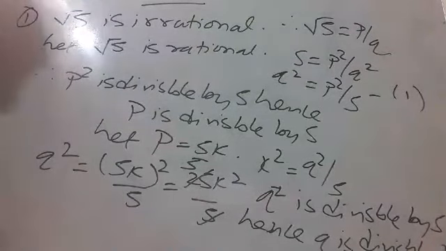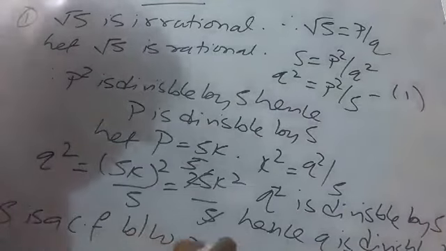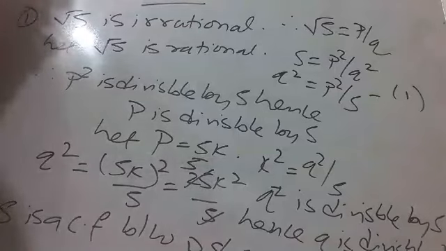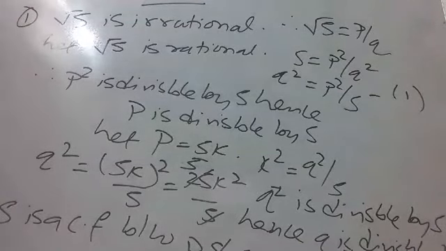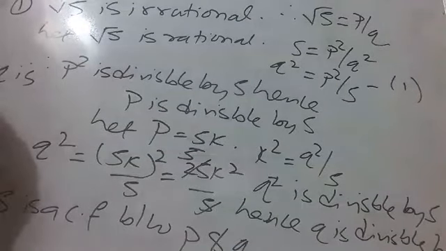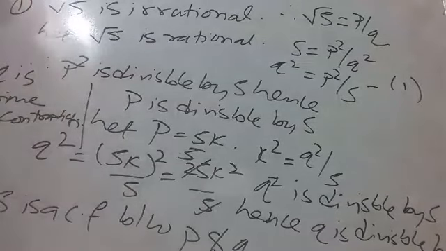So therefore 5 is a common factor between p and q. Which is not possible, because p and q are co-prime numbers. Since p and q are co-prime, this is a contradiction. Therefore, root 5 is irrational.